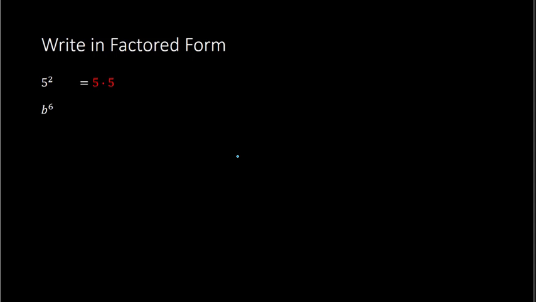We could write that as 6 b's multiplied together. 2 to the 3rd power, or 2 cubed, we have 3 2's multiplied together, so 2 times 2 times 2. 4 to the 5th power means we have 5 4's multiplied together, so 4 times 4 times 4 times 4 times 4. So make sure you know how to write, even with variables, in factored form or exponential form.